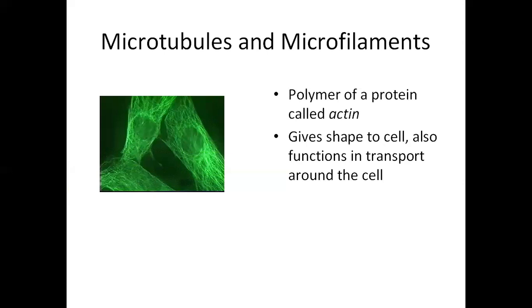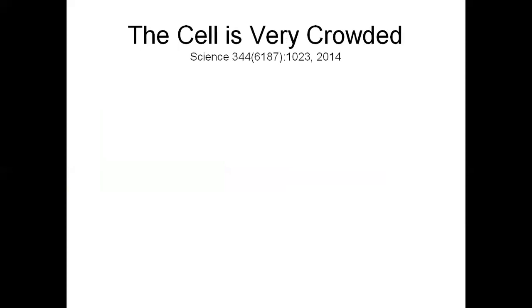I next want to point out that when you consider a cell having as much volume taken up by the nucleus, which in turn is stuffed with DNA, and that cell is also containing mitochondria, tubules, Golgi bodies, microfilaments, endoplasmic reticulum, lysosomes, etc. The cell has to be a very crowded place.